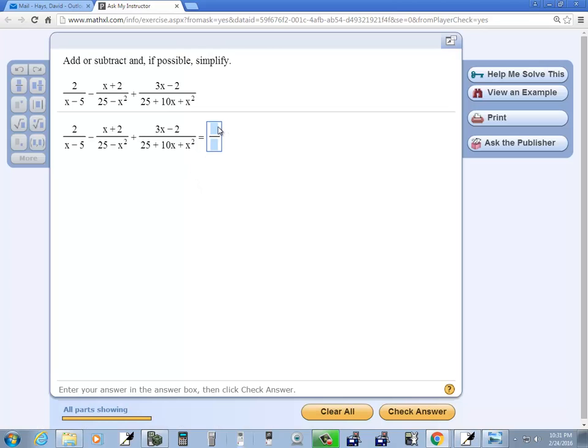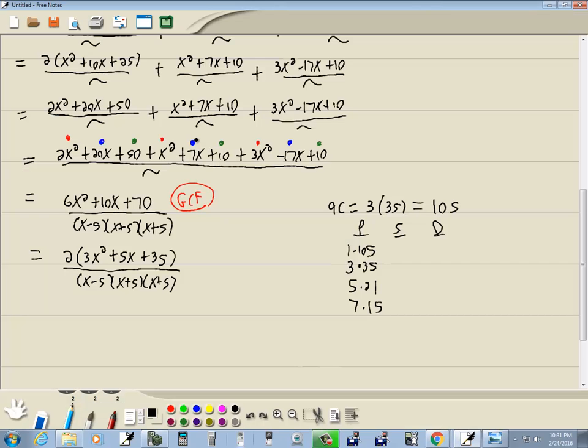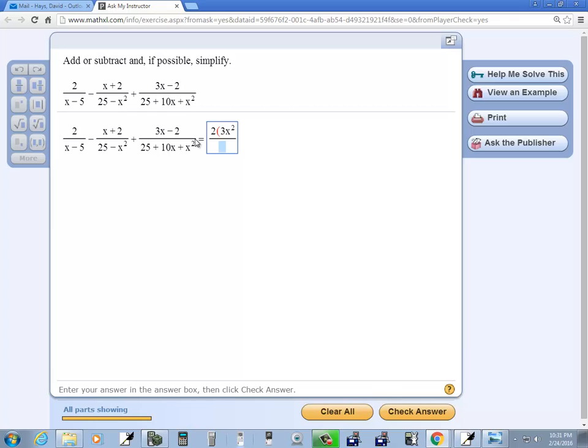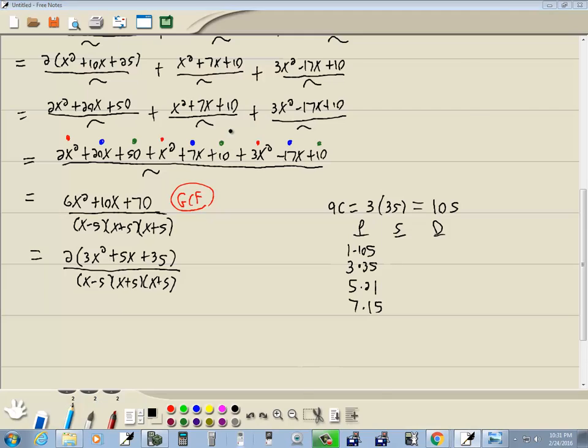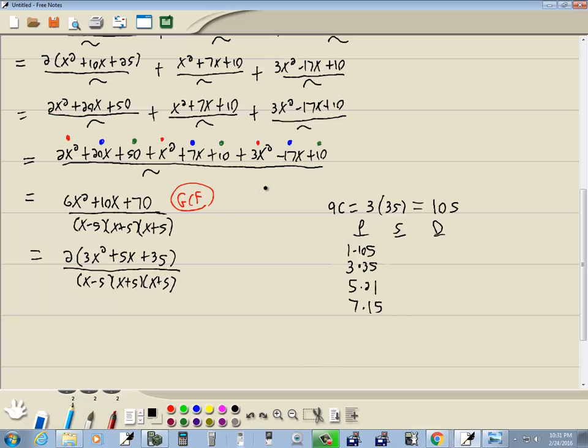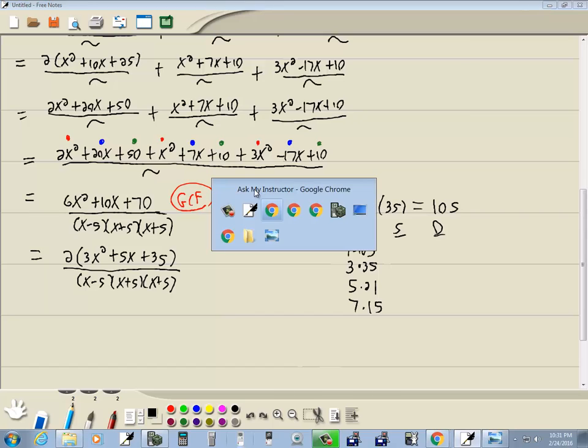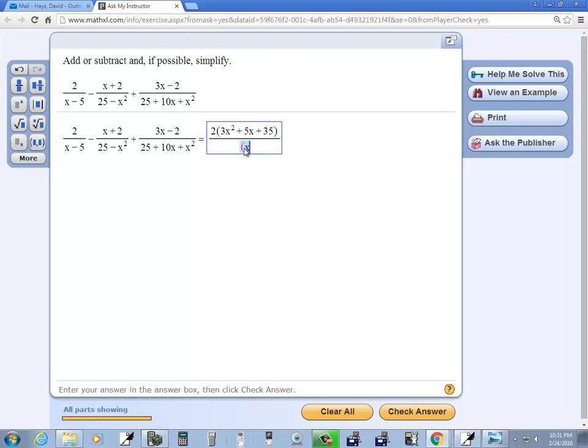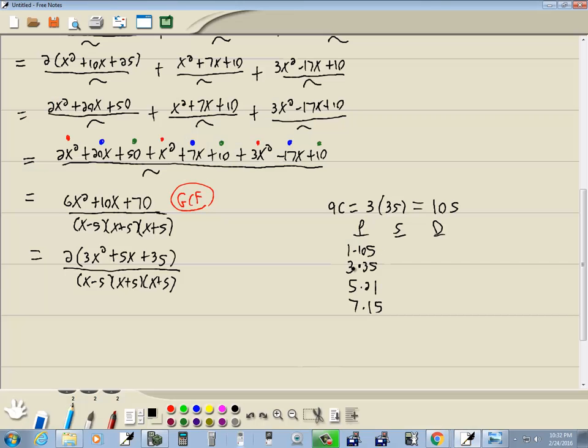So I got 2 times 3x squared plus 5x, I just want to make sure I got the correct answer, plus 35, over x minus 5 and x plus 5 squared. Okay. And that's how you'd work on that particular problem.